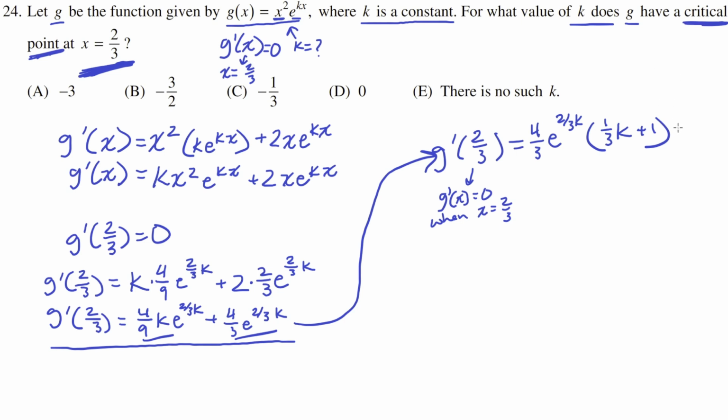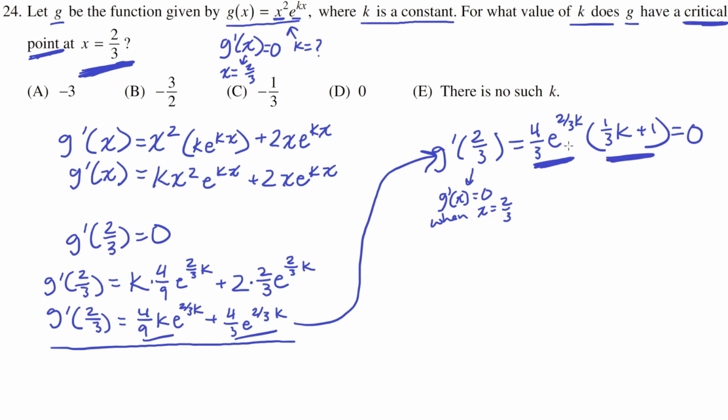So let's set this equal to 0. We need to find a value of k that, when we plug it in, gives 0. If we look at our equation, we basically have two terms: this term out here with the e, and this inside the parentheses.